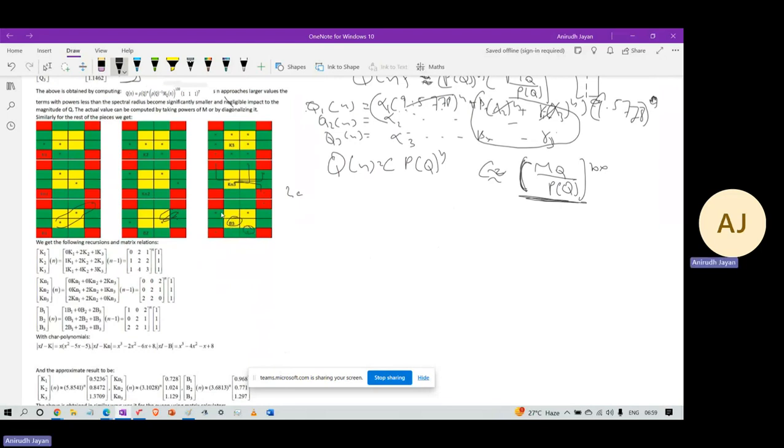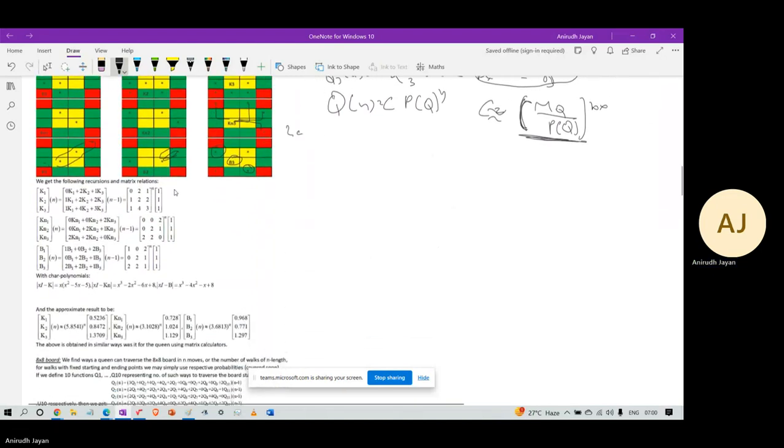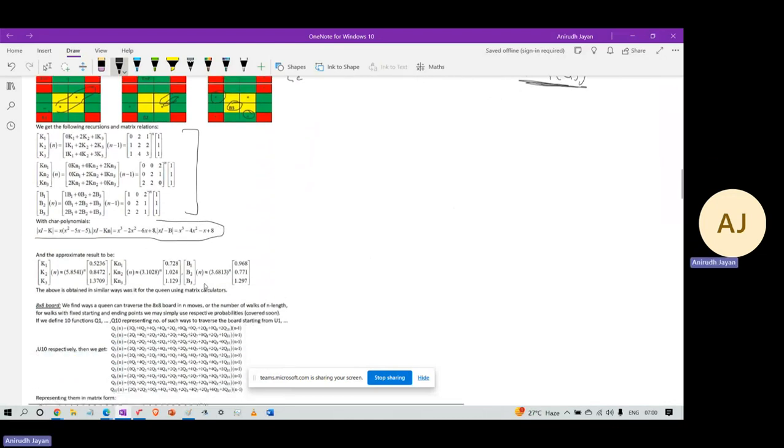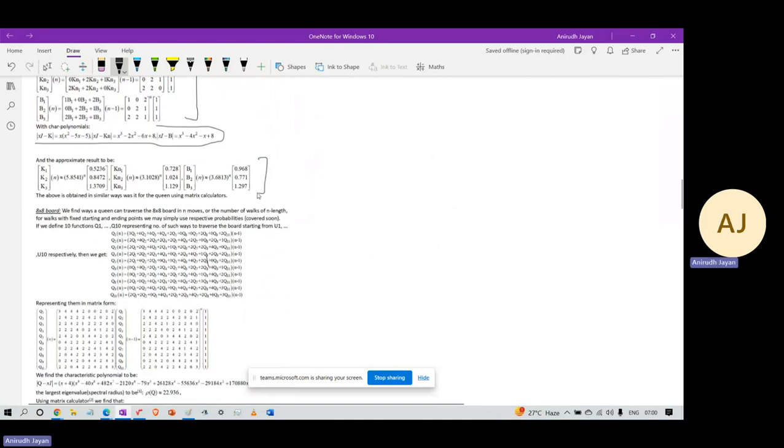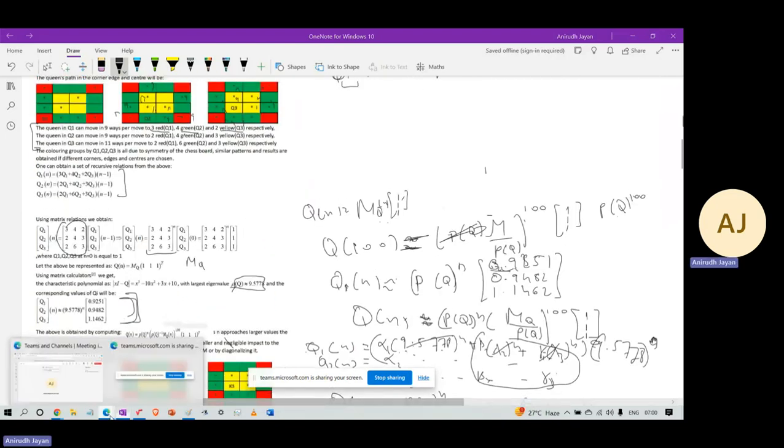You have 2 additional, which was not present from the corner. So one can find the relations below here. And using the same matrix calculators, we find these eigenvalues and the results in the same manner as for the queen.